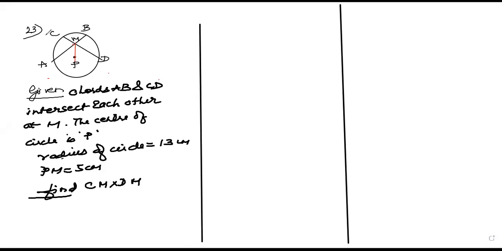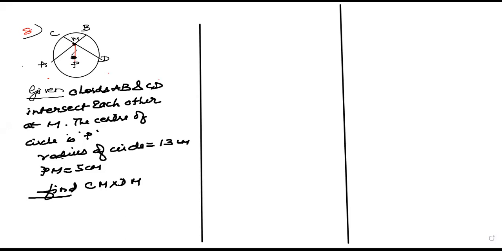Given chords AB and CD of a circle. This is my question number 8, children. Now look here, very simple. Chords AB and CD intersect each other at point M. They give us P is the center of the circle.